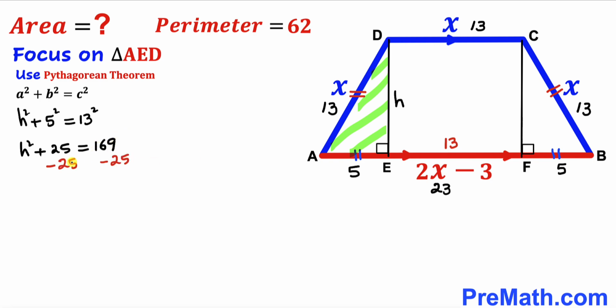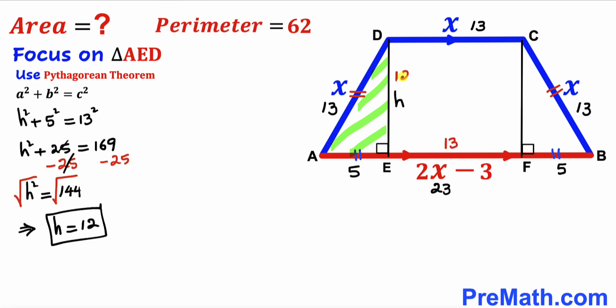We subtract 25 from both sides, so h squared turns out to be 144. Now I'm going to undo this square by taking the square root on both sides, so our height h simply turns out to be 12 units.